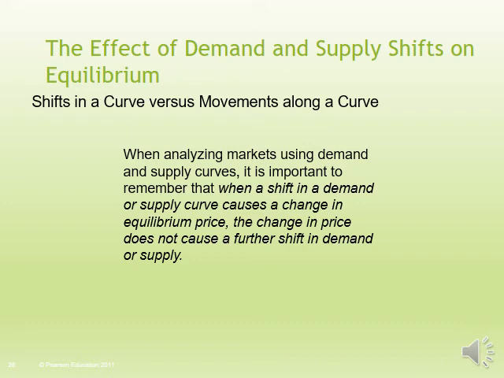Likewise, if the demand increases and the demand curve shifts to the right and that brings the price up, that doesn't mean that suddenly the supply curve will move up. No, because the quantity supplied will increase, but the supply will remain the same. So remember that. That's an important thing, that the supply curve doesn't chase the demand curve and the demand curve doesn't chase the supply curve.